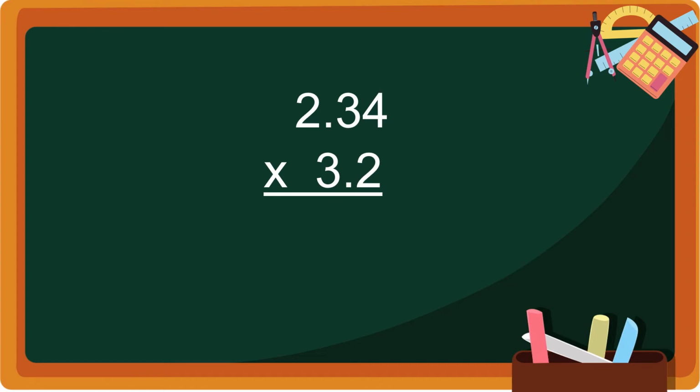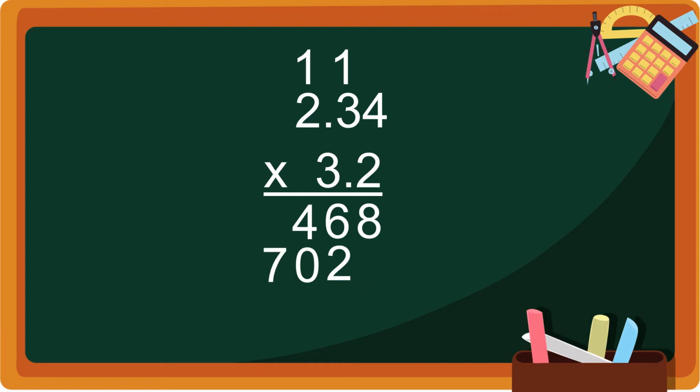So we have 2 times 4 is 8, 2 times 3 is 6, 2 times 2 is 4. Then we have 3 times 4 is 12, so write 2, carry over 1. 3 times 3 is 9, plus 1 is 10. So write 0 and carry over 1. Then 3 times 2 is 6, plus 1 is 7.